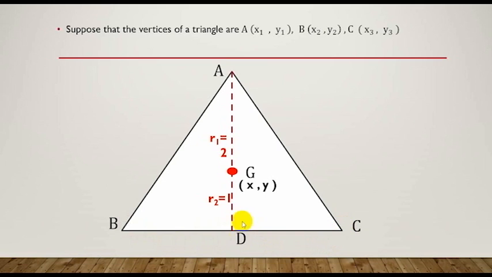So if I want to get D, that means x2 and x3, we will get the mean of it, the average of it. So I will take x2 plus x3 divided by 2 and y2 plus y3 divided by 2.